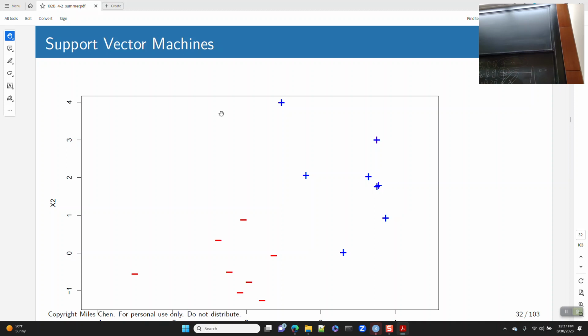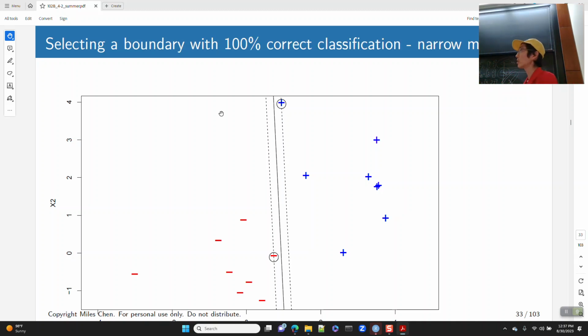This could work as a border, but it is not the correct one, because the width of these parallel lines is not the maximum possible, right? So this serves as a border between blue and red, but if you ask what the width between these is, we can certainly see some bigger ones.